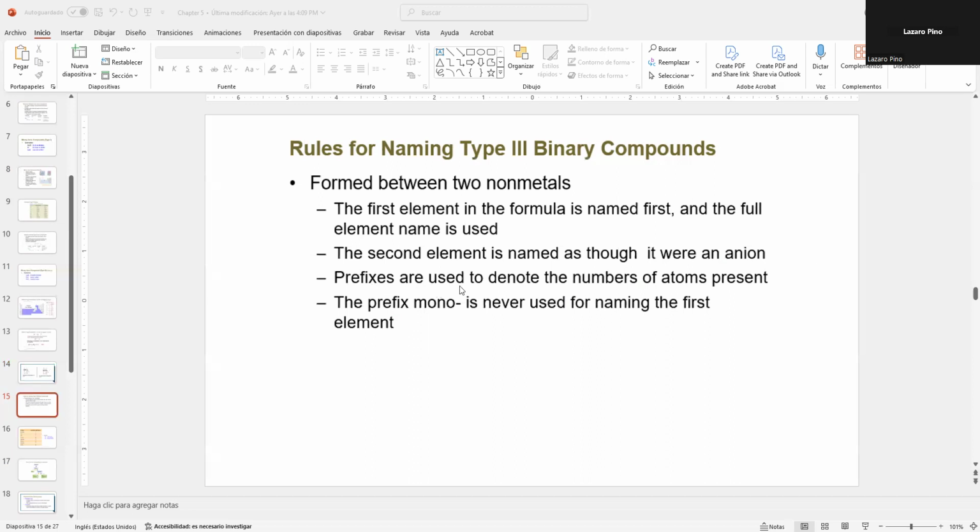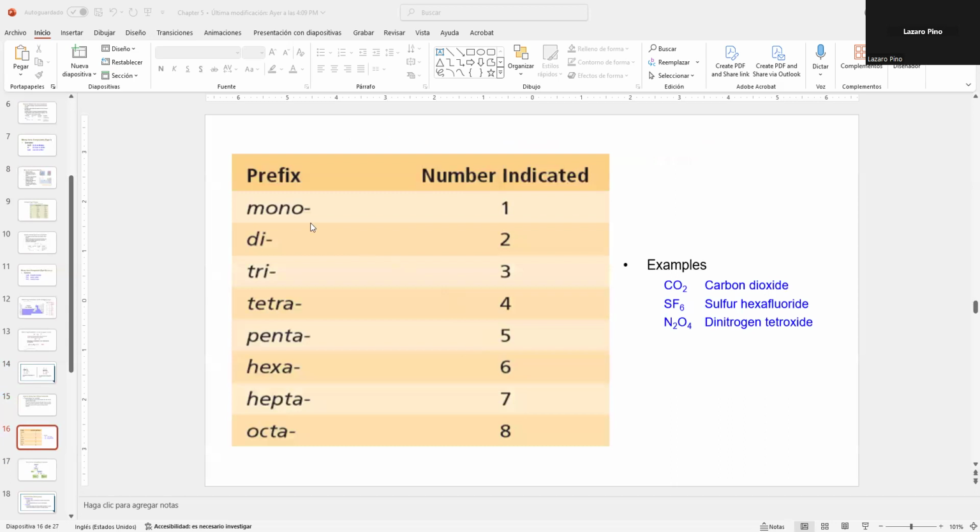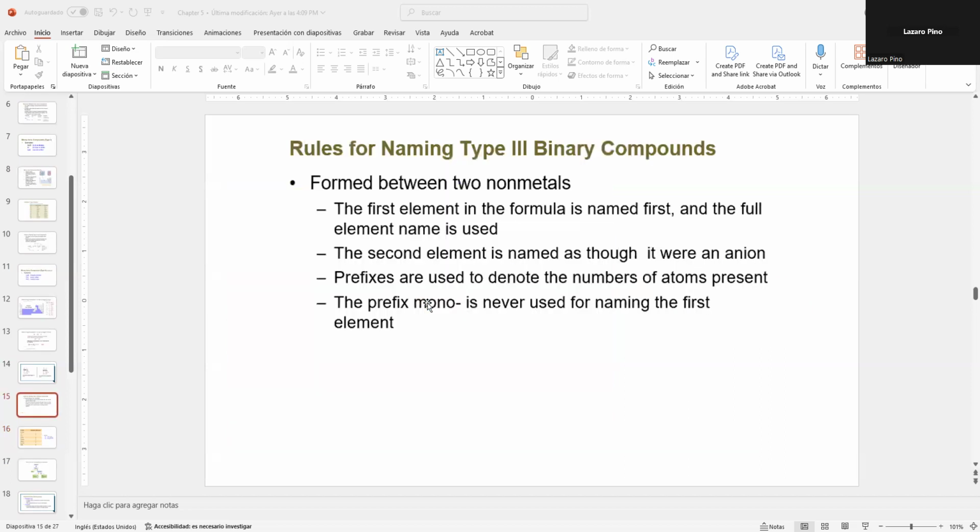Prefixes are used to denote the numbers of atoms present, and the prefix mono is never used for naming the first element. If we have only one atom of the second element, we use the prefix mono. Remember, we are in type 2 binary compounds.